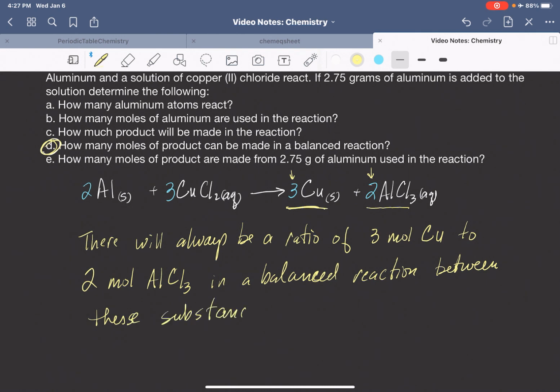Okay, I'm just making this up as I go, and there's multiple ways to word this, but the most important part is there's a ratio of 3 moles of copper to 2 moles of aluminum chloride. That's the most important part of understanding D. Okay, so that was easy. Let's move on to E.